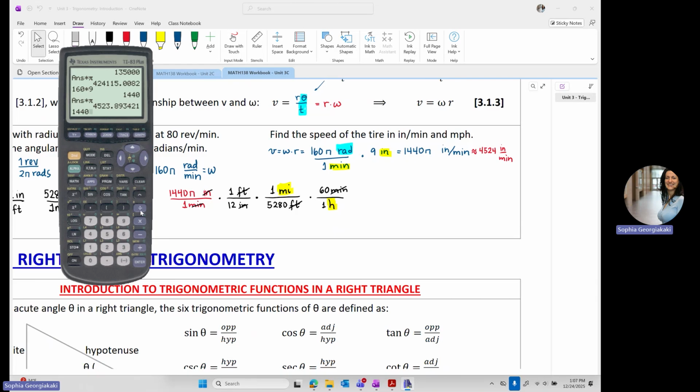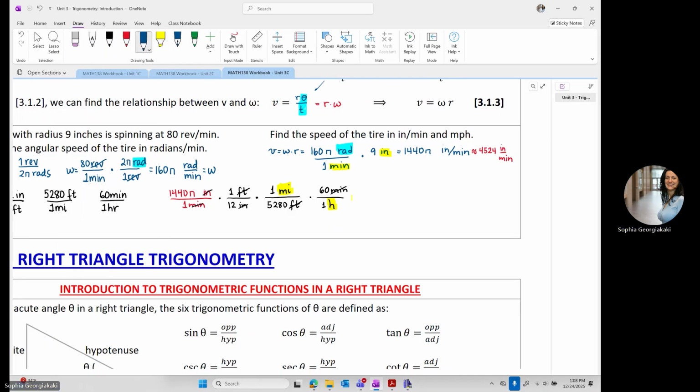Divided by 1, times 1 divided by 12, times 1 divided by 5,280, times 60 and divided by 1. So the math is this number. Let's convert to a fraction, 15 over 11.